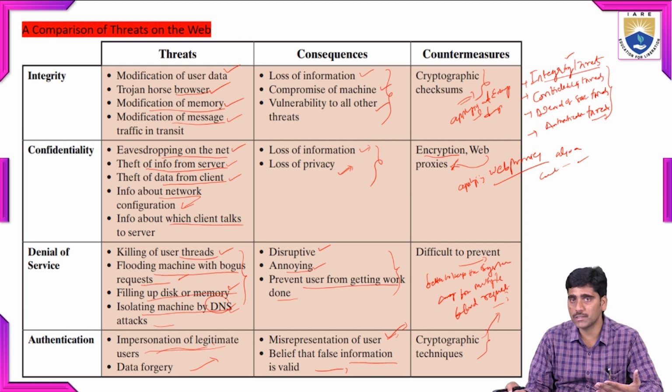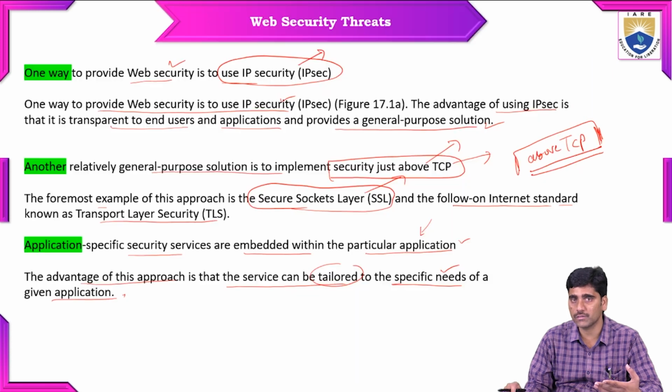What are the countermeasures that we are going to implement against these consequences? Cryptographic checksums, encryption, web proxies, and cryptographic techniques. These are some countermeasures that we implement against the consequences. And to face all these threats, we provide additional security for web security.